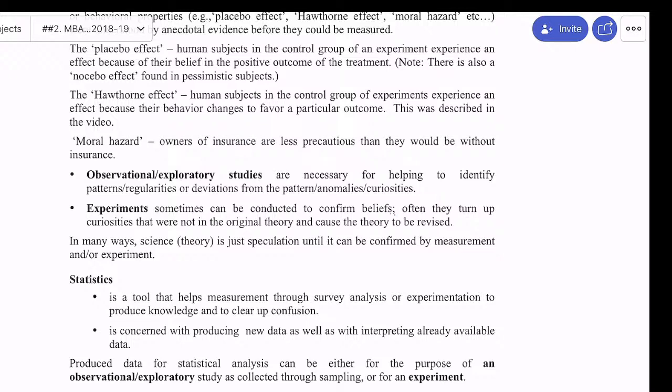A description of an obstacle was when they discussed actually conducting an experiment to see if smoking causes cancer. They proposed in the video that the gold standard of an experiment would be to separate children at birth, assigning them randomly to a control or placebo group and an experimental or treatment group.